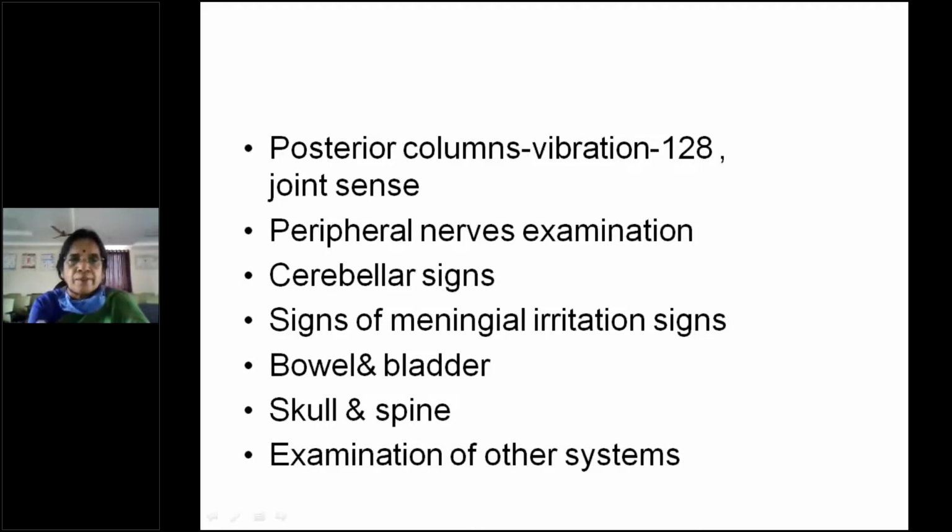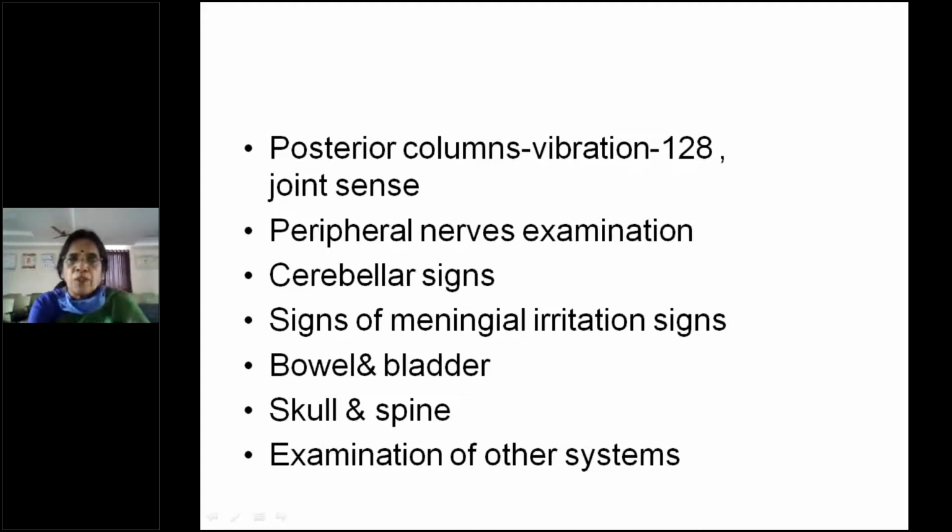That also you can test for joint sense. So one is fixing the joint and asking him to say whether it is flexed or extended, or you keep one joint in flexion and ask the patient to keep the other limb in the same position. These are the tests you can do for the posterior column.